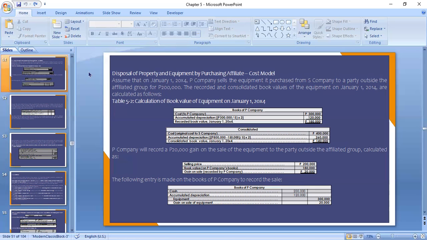So we have now the cost model and equity model. So we have now the amount of 400,000 in consolidated, minus how much?